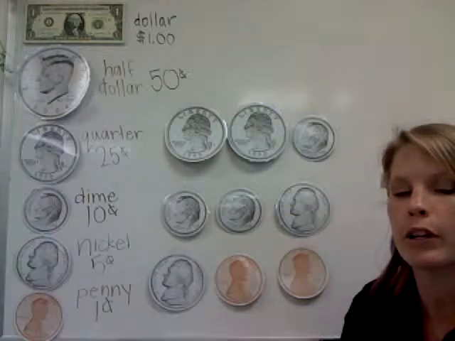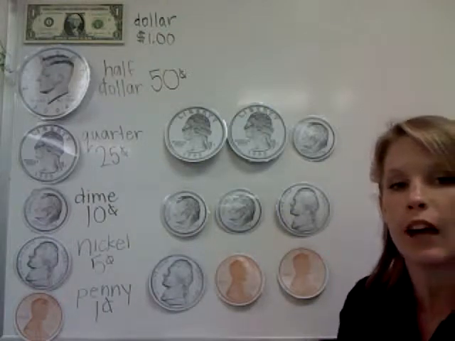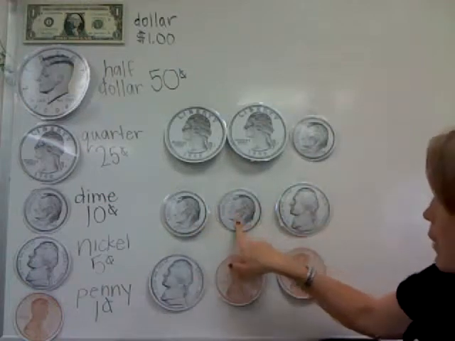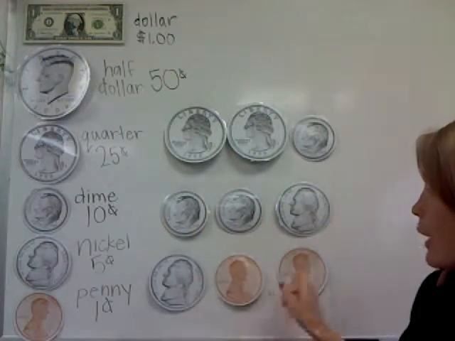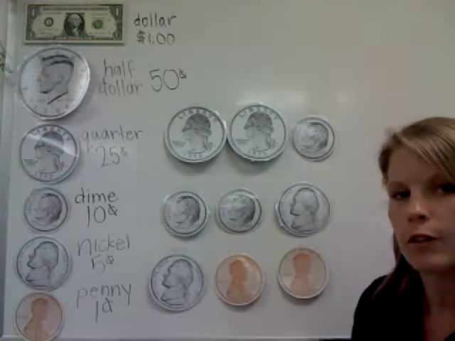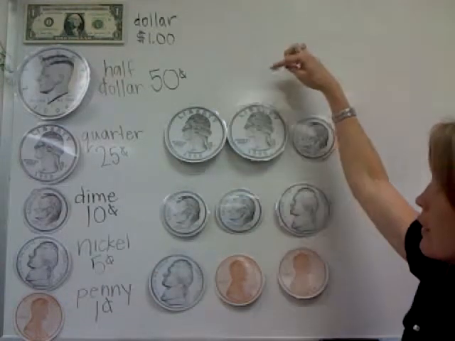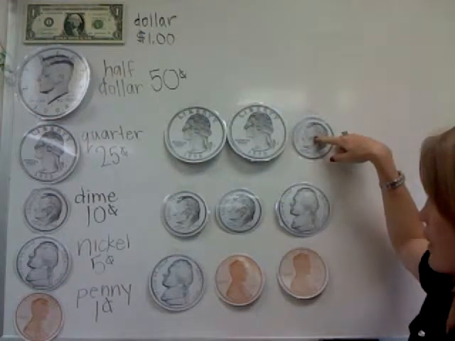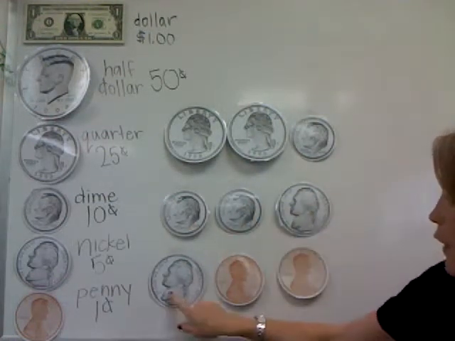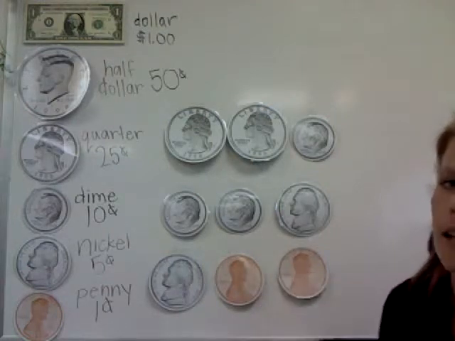Okay, so we have ordered our coins from biggest value to smallest value. We have quarter, quarter, dime, dime, dime, nickel, nickel, penny, penny. Let's quickly review our values of each coin: 25 cents, 25 cents, 10 cents, 10 cents, 10 cents, 5 cents, 5 cents, 1 cent, and 1 cent.